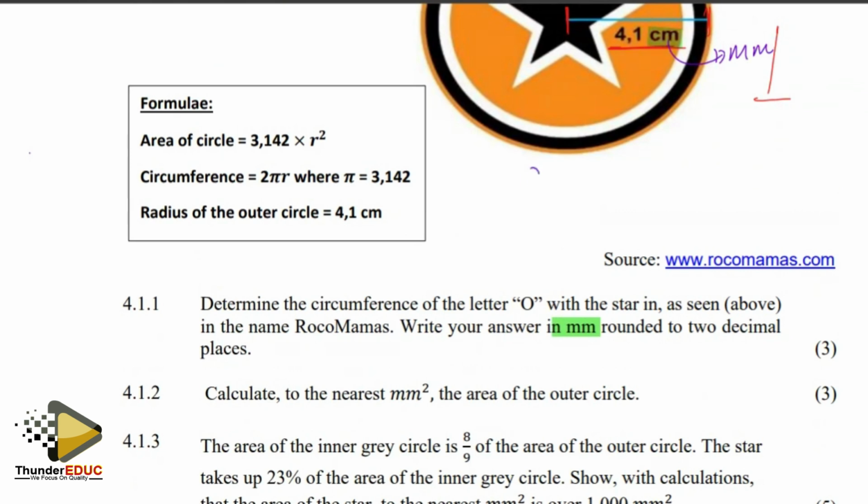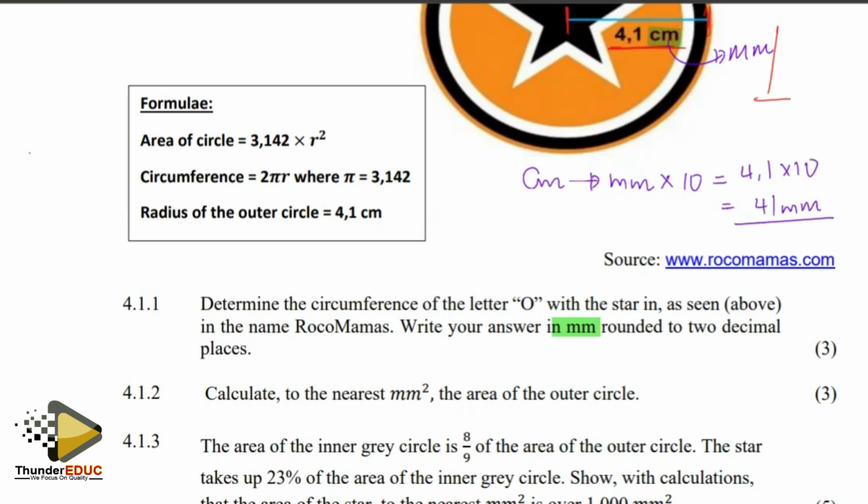Now ask yourself, I need to change centimeters to millimeters. How do we do this? We multiply by 10. Big to small, multiply, and small to big, we divide. So we are going to get our 4.1 multiplied by 10. We end up having 41 millimeters. Together, converting, 1 mark.